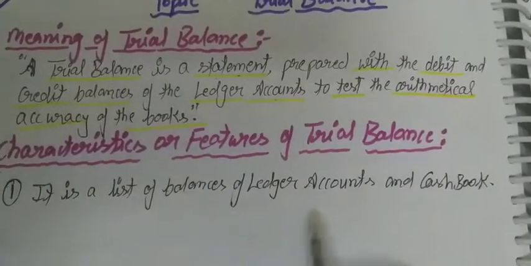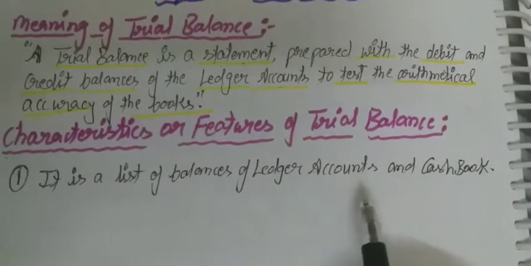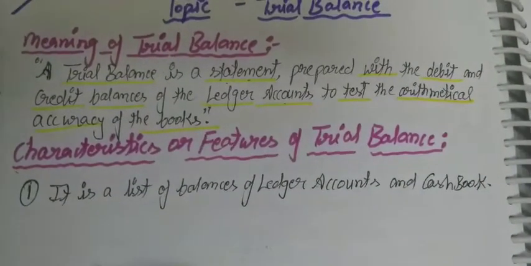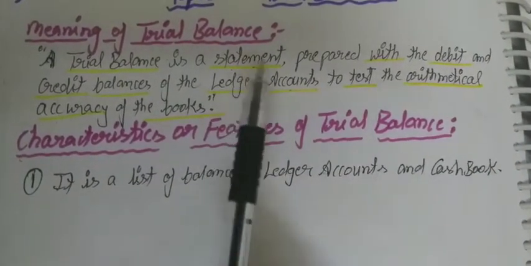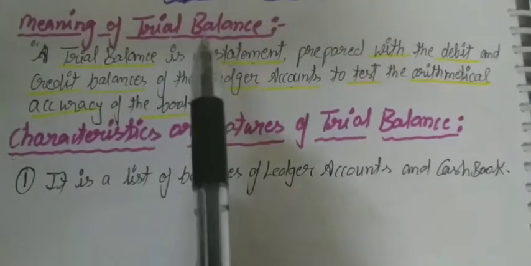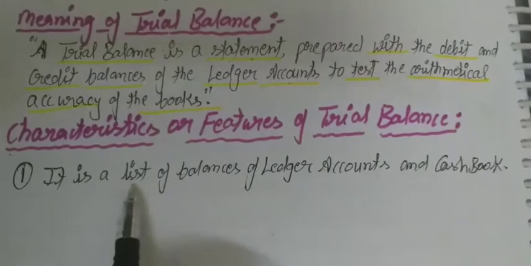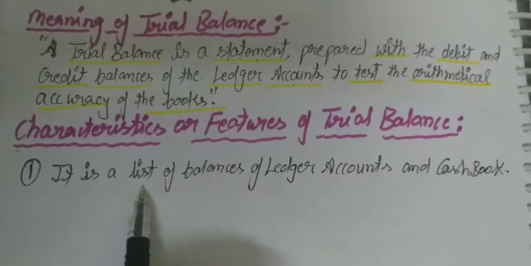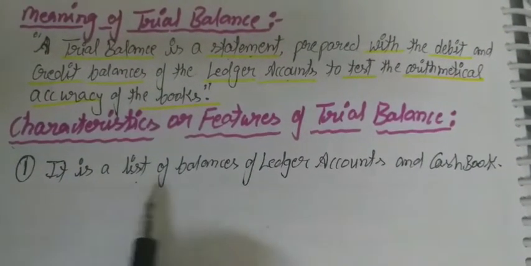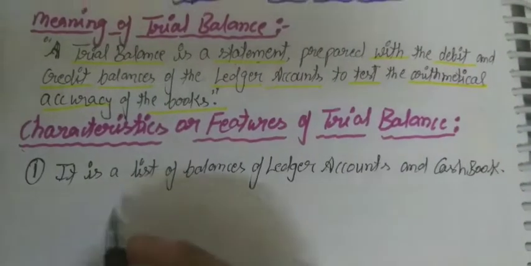Whatever the balances are there in the accounts, those balances are recorded in a particular statement. So all account balances are recorded as debit and credit, and that makes a list. That's why we can say it is a list of balances of ledger accounts.